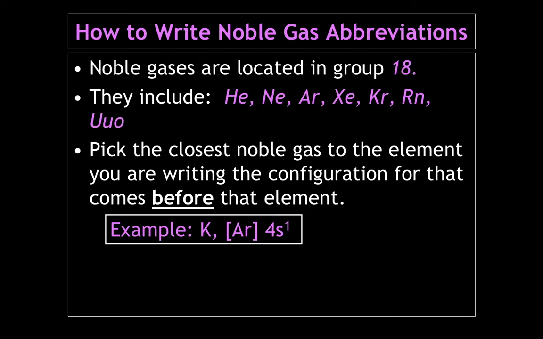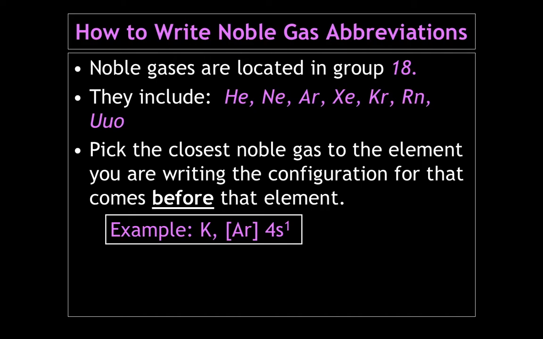So for phosphorus, that's a P, you would write the noble gas in brackets. That noble gas, remember, was neon. Instead of writing 1s2, 2s2, 2p6, all of that was replaced by this bracket.